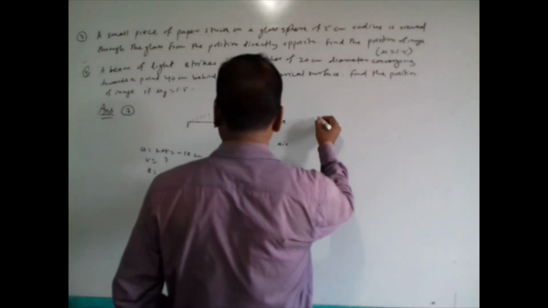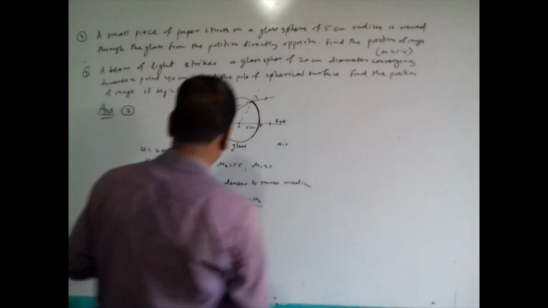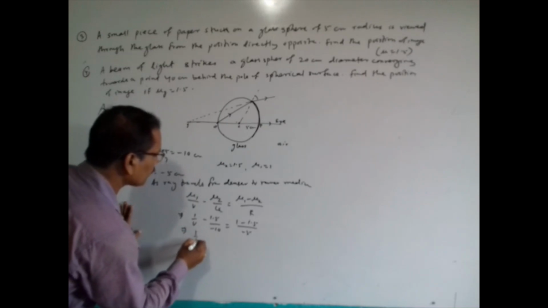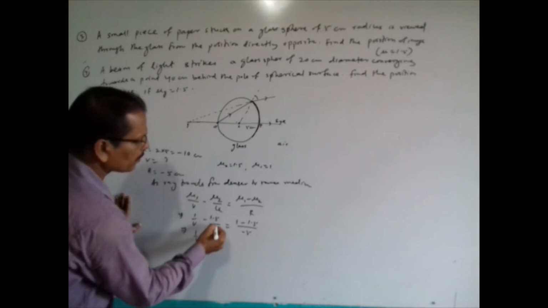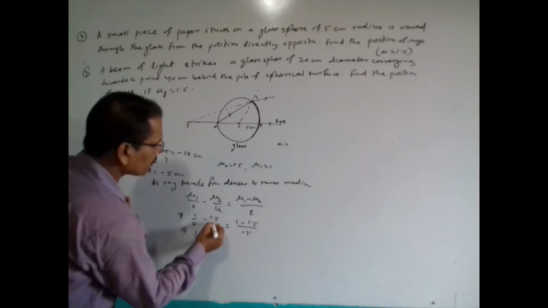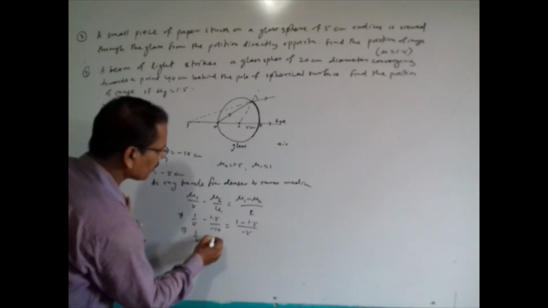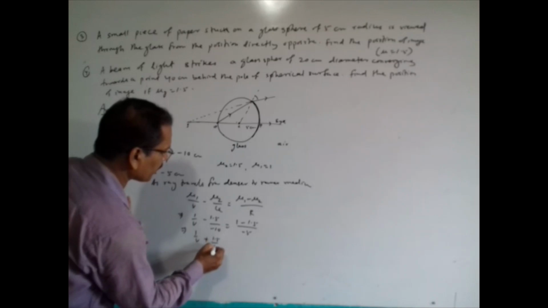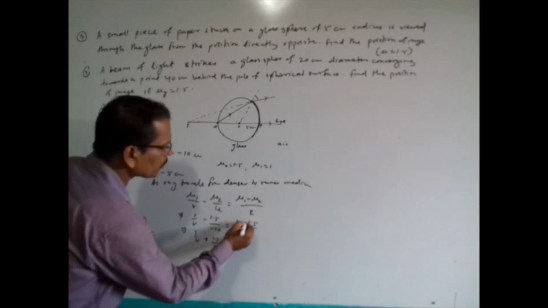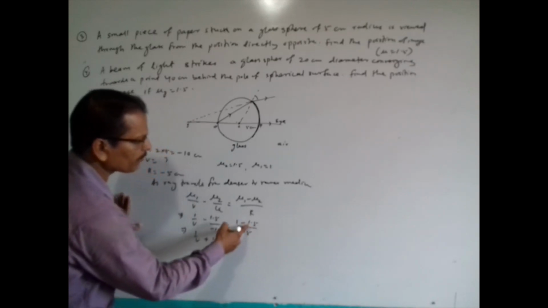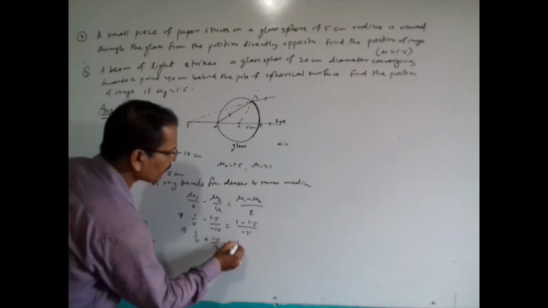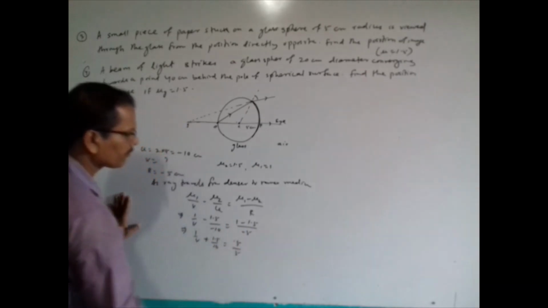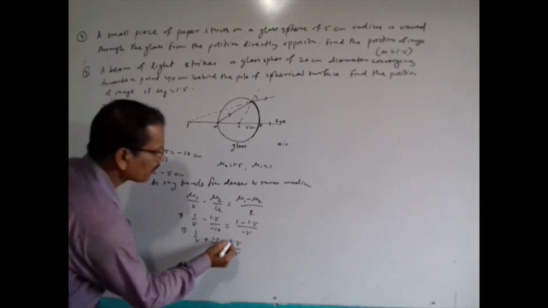Then this is equal to 1 by v plus 1.5 by 10. This is equal to minus minus plus, 0.5 by 5.